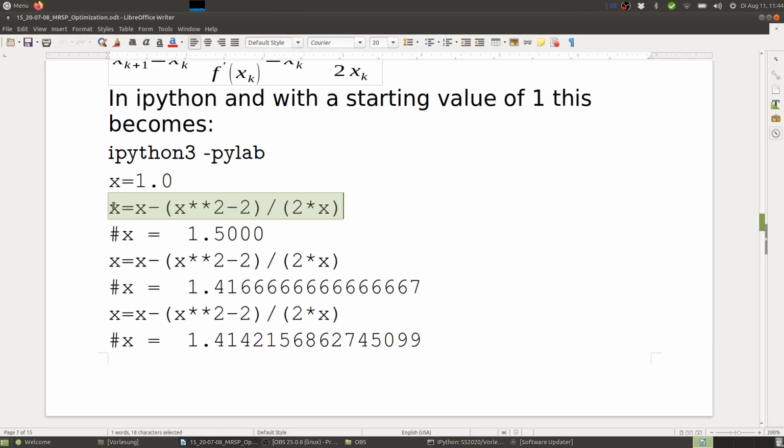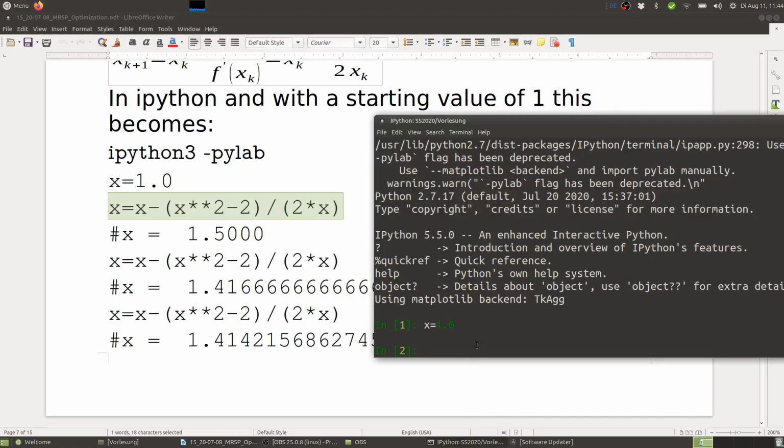This is the new xk. On the right hand side we have the old x, and on the left hand side we have the updated x. And in this way we don't need to actually use the index k explicitly. We can, but we don't need to. So here I copy it into my terminal window.